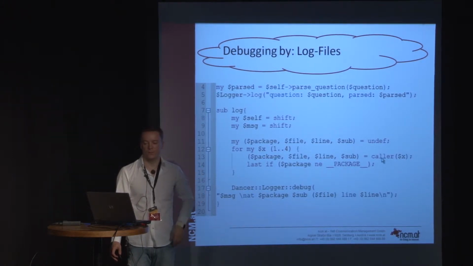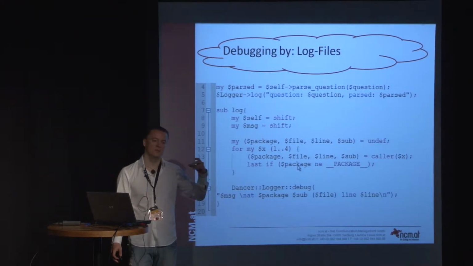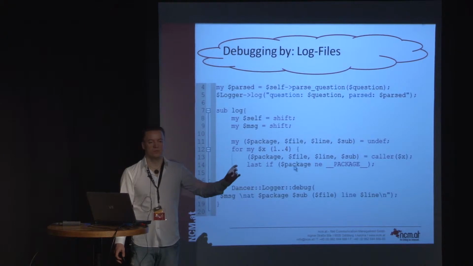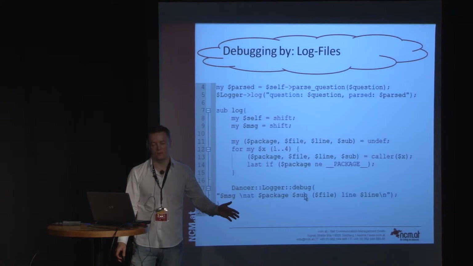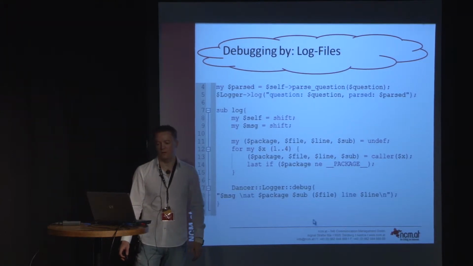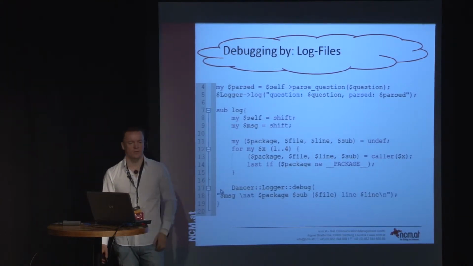I will call the caller a few times, as long as I haven't left my package, then I know, okay, this is actually what I'm searching for. And I will log this into the log file with it, so it's much easier to find afterwards.